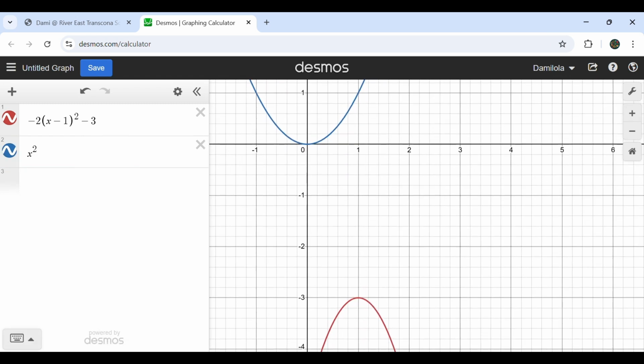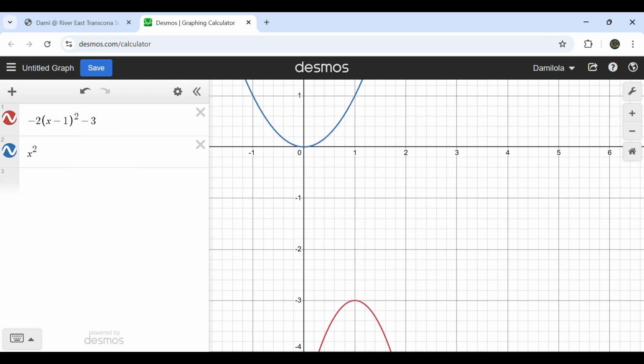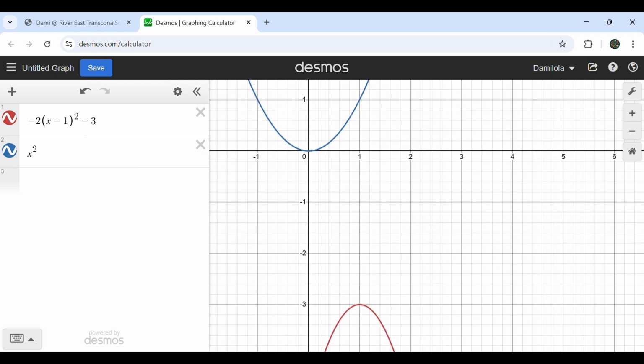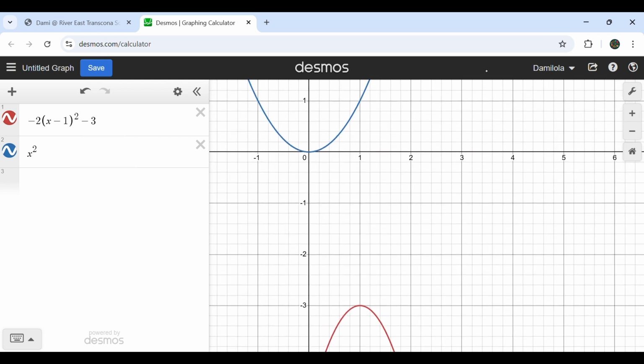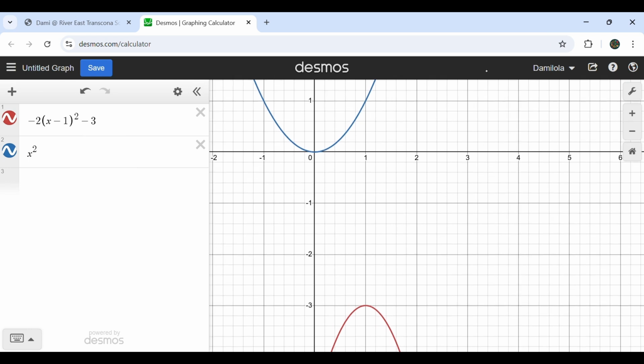So we can see it's moved to the side, left. It moved left, but before it moved left first, then it reflected over the x-axis, which is why it's looking like it moved right, but it actually moved left.